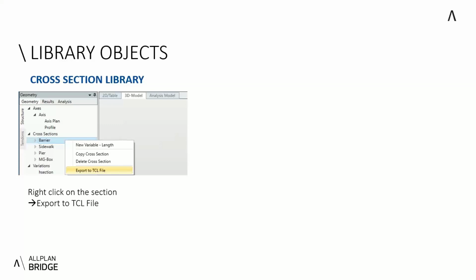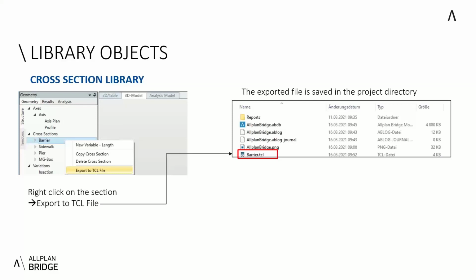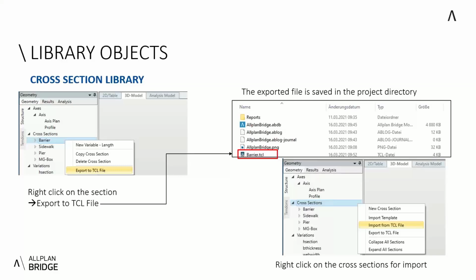Once you have already created a cross section that you can use in different projects as well, you export this cross section as a TCL. It's already saved in the project directory. Then you can import this TCL to other projects, so it becomes easier to create and send cross sections.